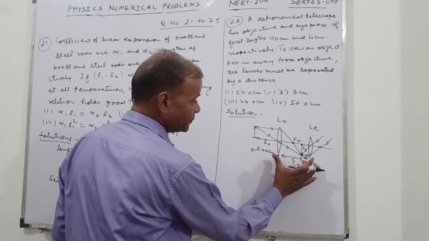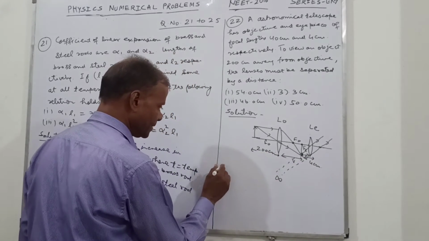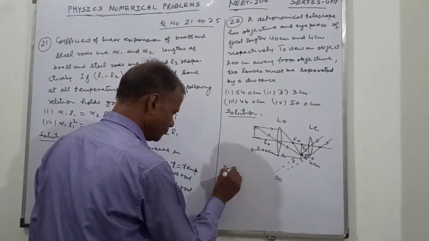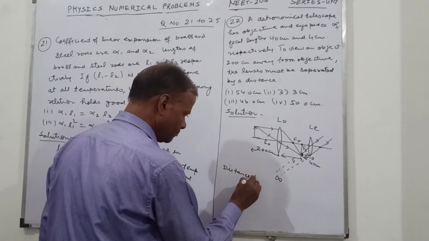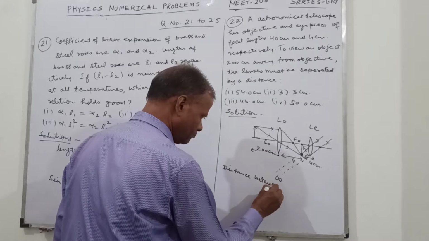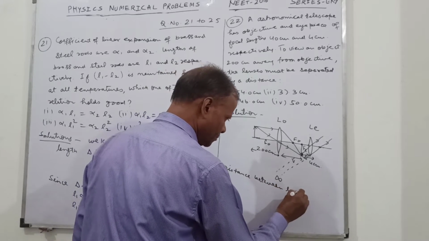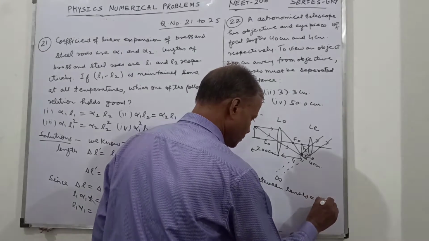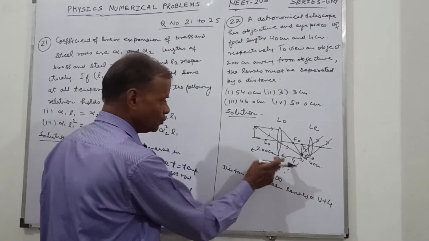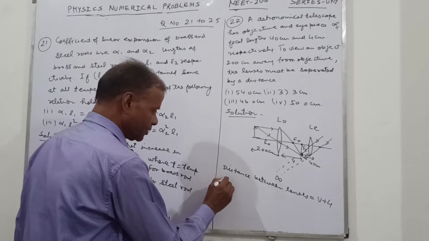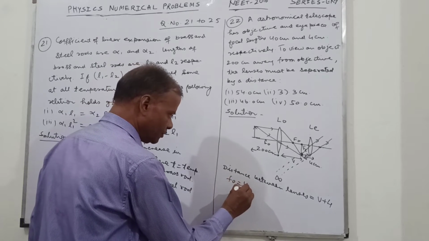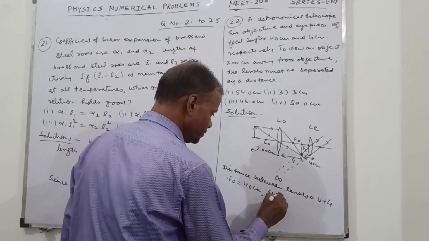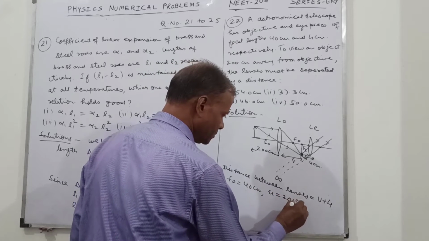So the distance between the lenses equals V plus 4. So we have to find V. You are given f naught equal to 40 centimeter and u equal to 200 centimeter.